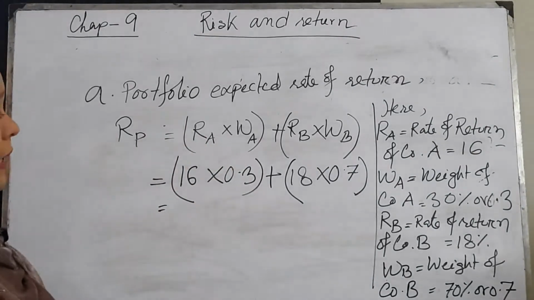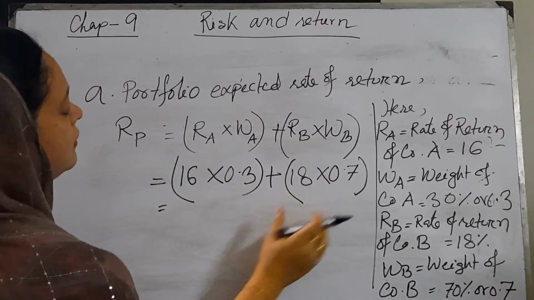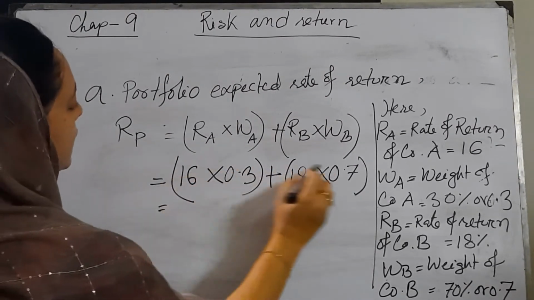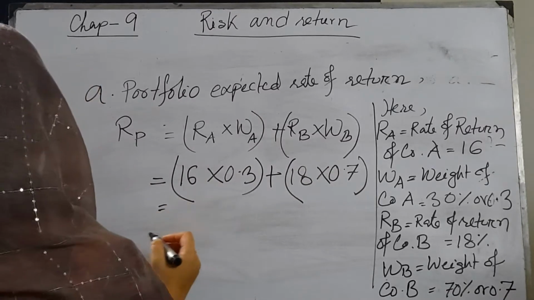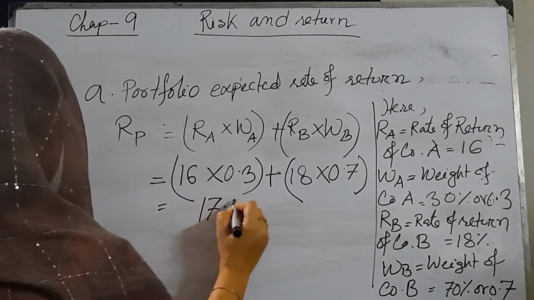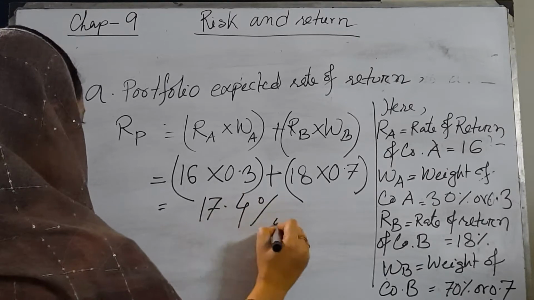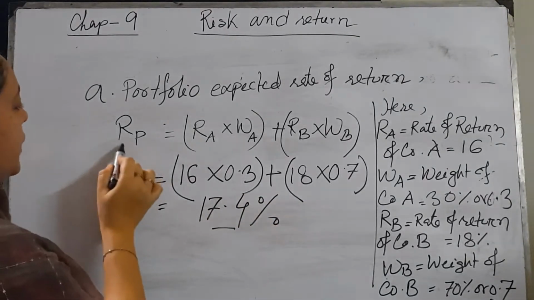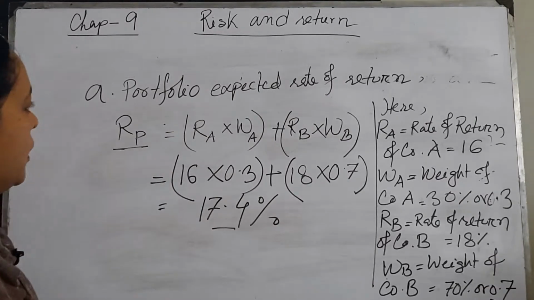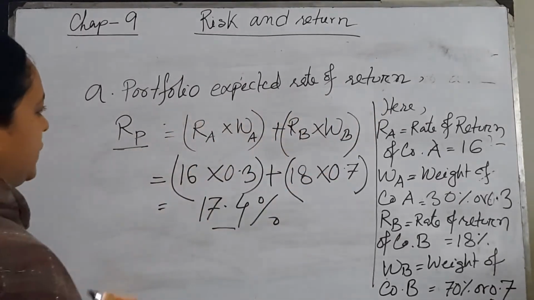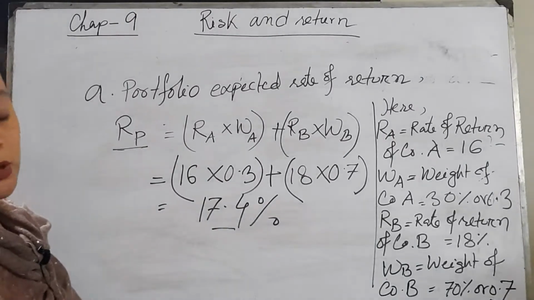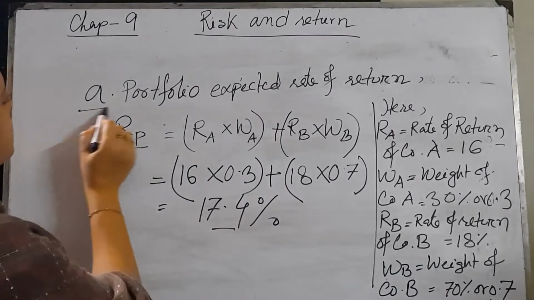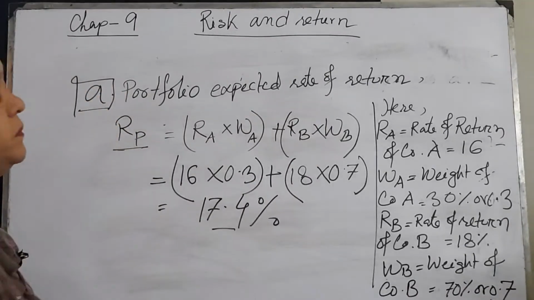Now we have to calculate the math through calculator, and I am calculating all this math, and the answer is 17.4%. This is the answer. The portfolio expected rate of return of both companies is 17.4%. This is the first requirement's answer.